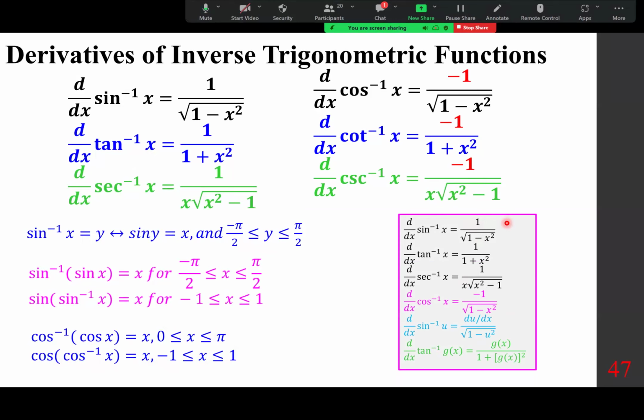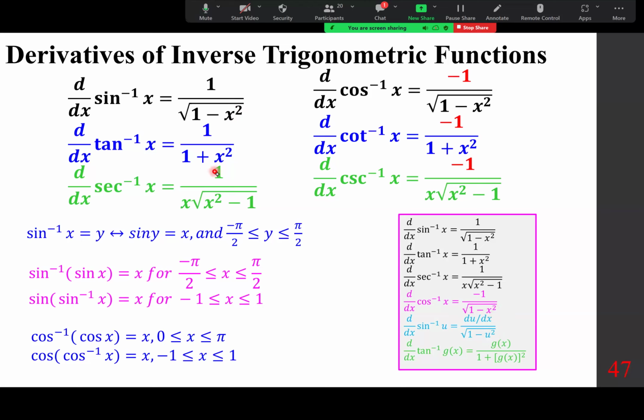What I just want to add is this. What if instead of x, we have g of x or u? Then the numerator, 1, is the derivative of x, everybody. So you put du dx. And then 1 minus x squared becomes 1 minus u squared. If you call it g of x, the top is g prime, and this is g of x squared.